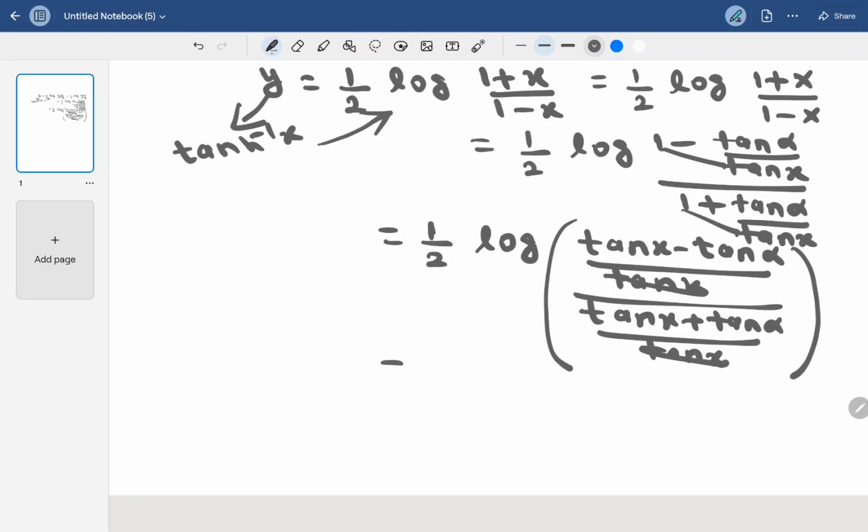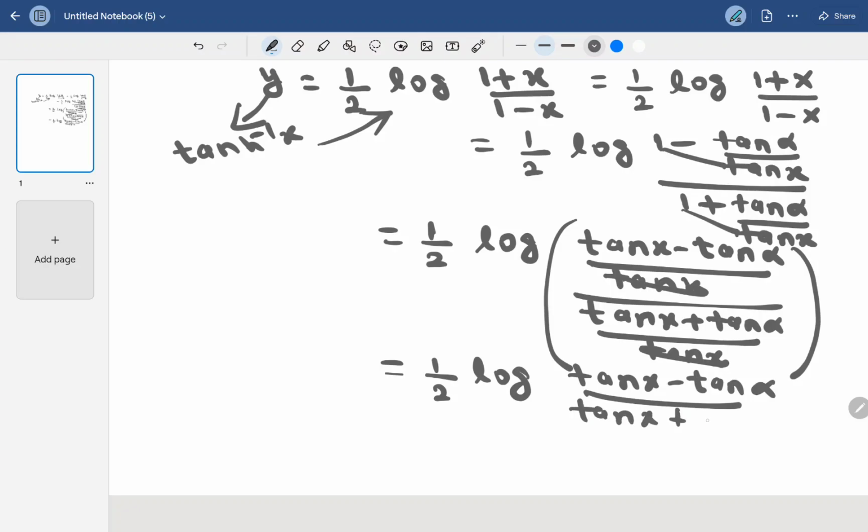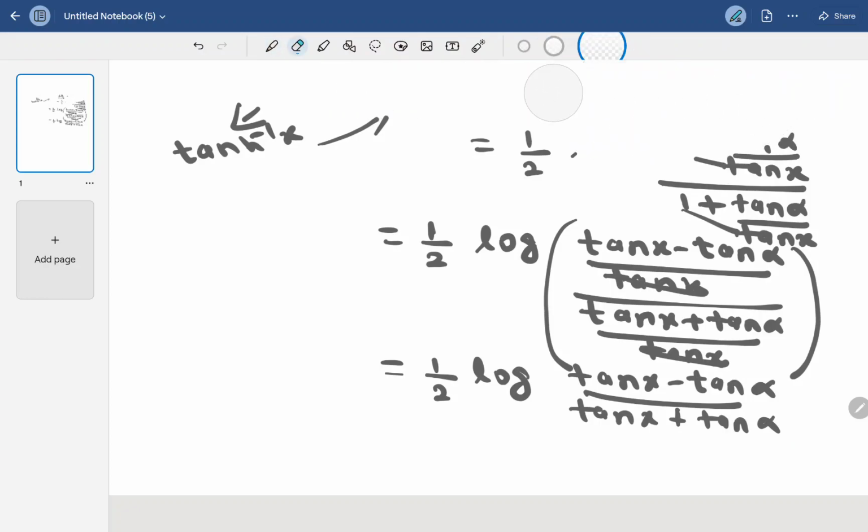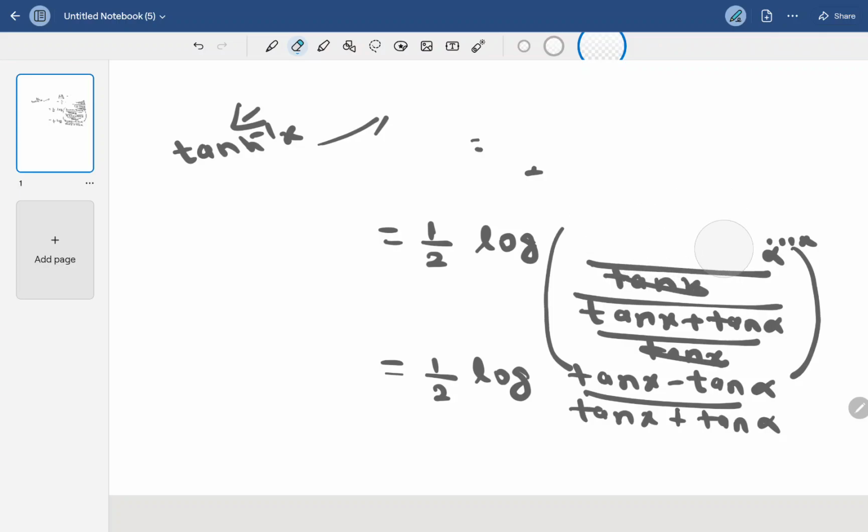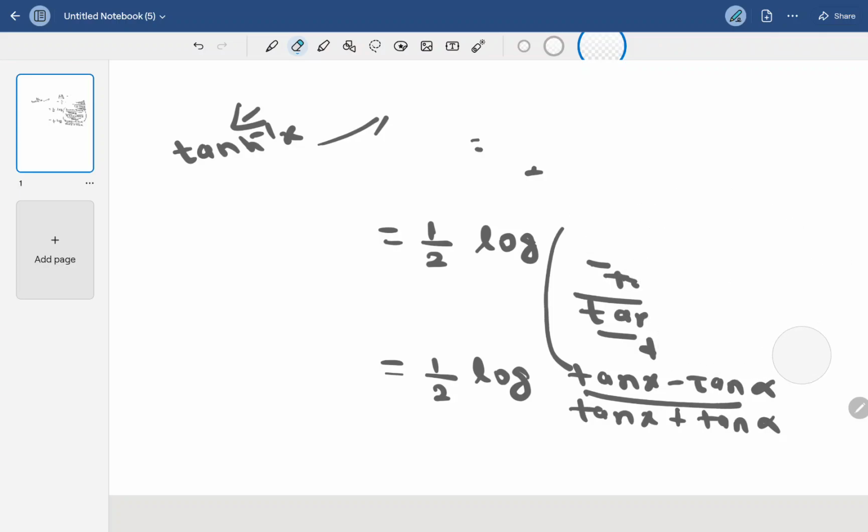What we are getting is the final answer, log of tan x minus tan alpha divided by tan x plus tan alpha. Again, we can write tan x as sin x by cos x, tan alpha as sin alpha by cos alpha to get the final answer.